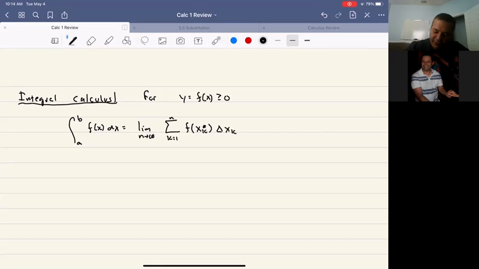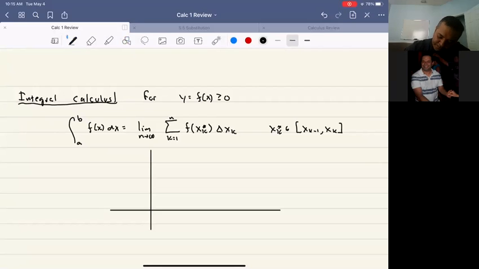All right, where of course your xk star is in this thing, and sort of the picture that goes along with this is that you have a here, b here, your function's doing something funky.